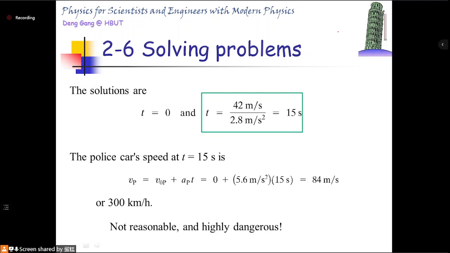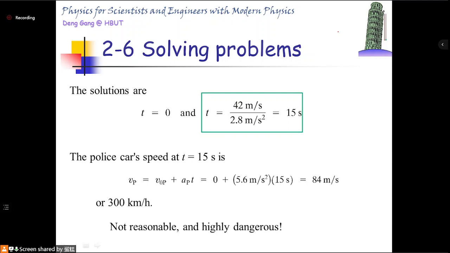So that's why maybe in the movies, usually the police car cannot catch the speeder, because the speeder can break the laws, but the police cannot. That means this is not reasonable.